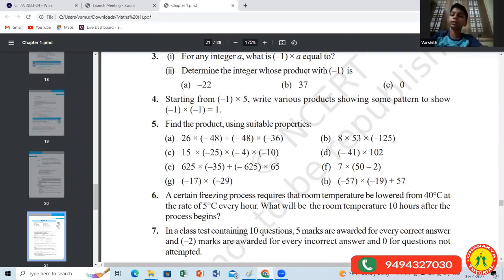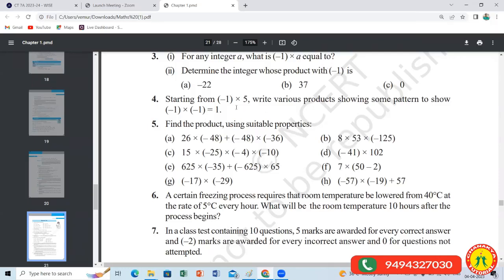Now, ma'am, it's minus 1 into 22. Yes, it's wrong. Determine the integer whose product with minus 1 is this number. You have this number multiplied with minus 1. What is the result? Okay, ma'am.